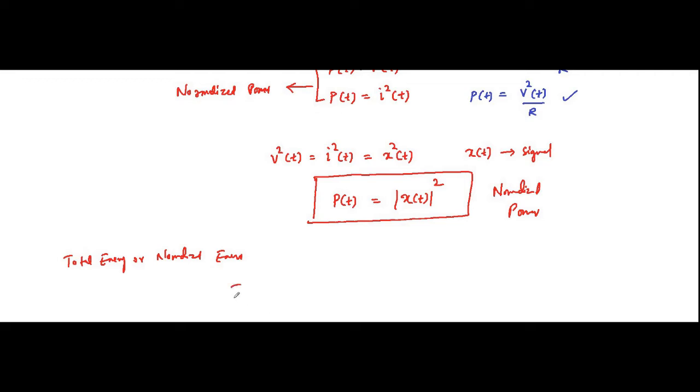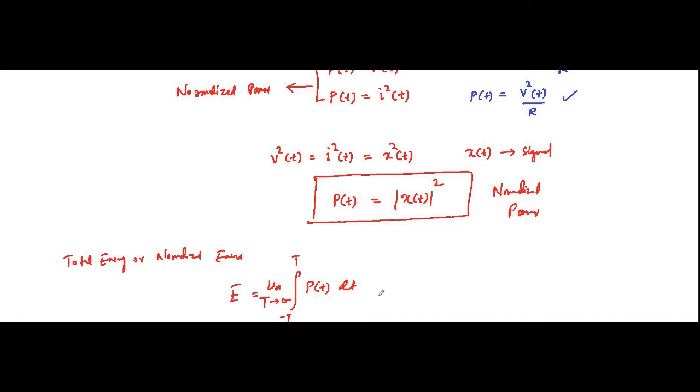Here we can write it as the integration of this power p(t) dt, but here we'll take the time interval from minus T to plus T with limit T tends to infinity.